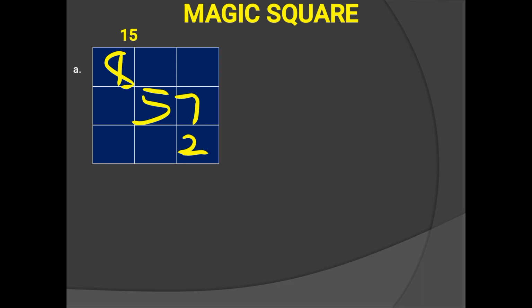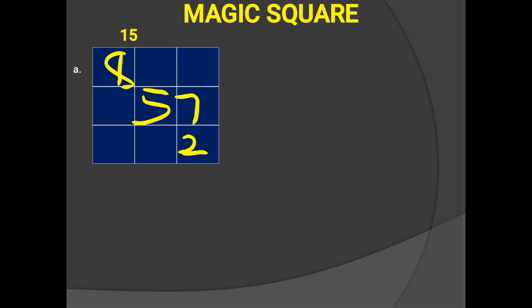Because if I should bring my 7 here, it's going to make this side 0. But we don't want that. 0 is not part of the numbers. The question didn't give us 0, and I've not seen any question that gives 0. So the first one, we put the big number at the left side. Now we put the big number at the right side. You get it? Good.